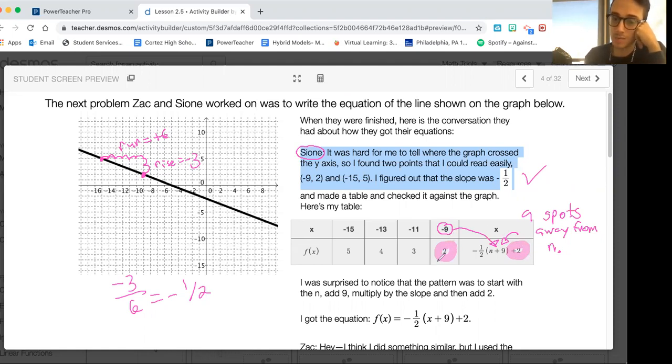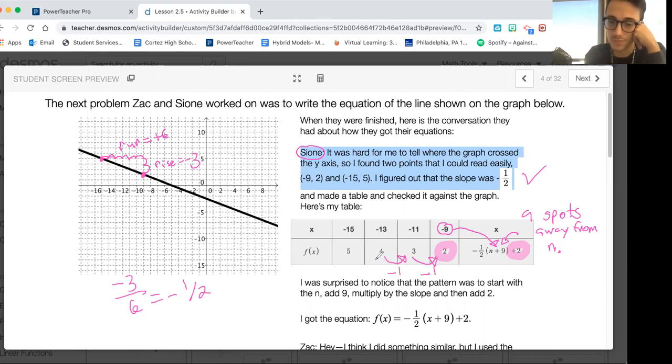And I know that every time I keep going to the right, I keep multiplying it by a half. Or sorry, subtracting one, sorry. Don't actually write down a half, you're subtracting 1.